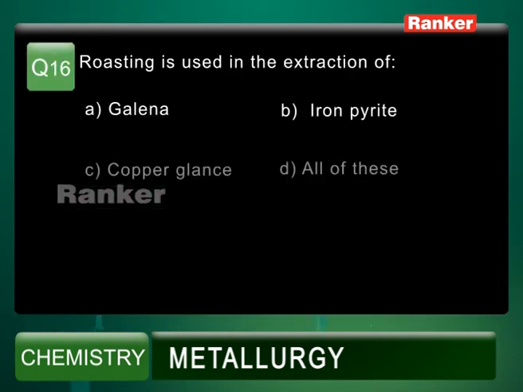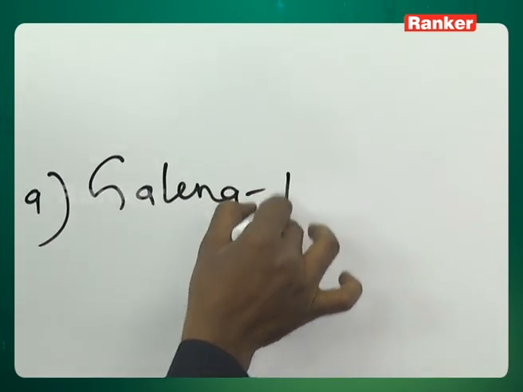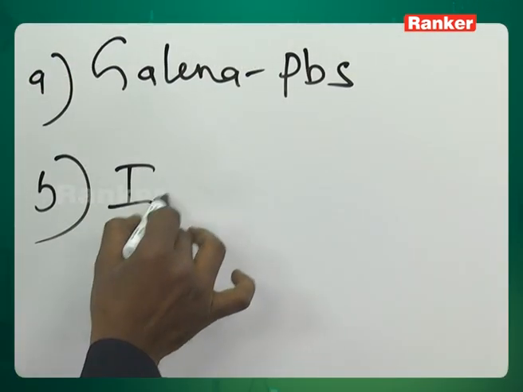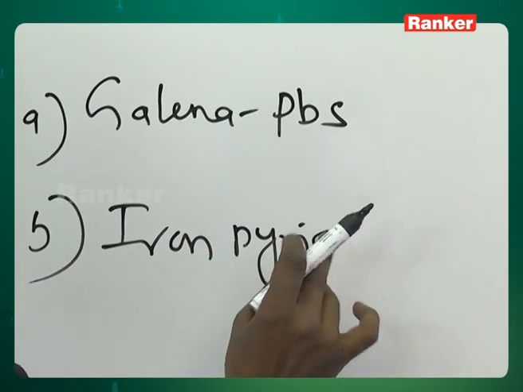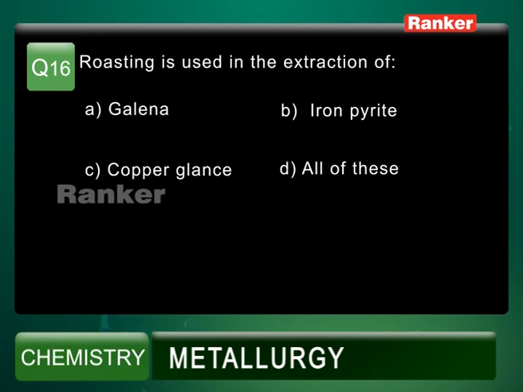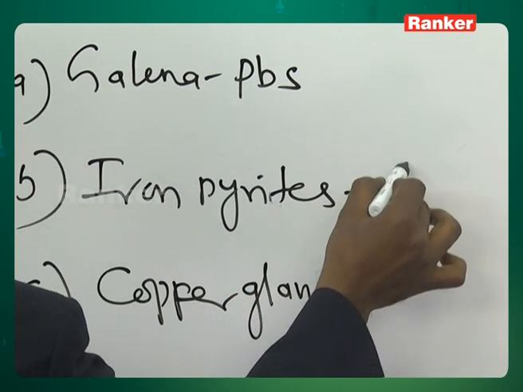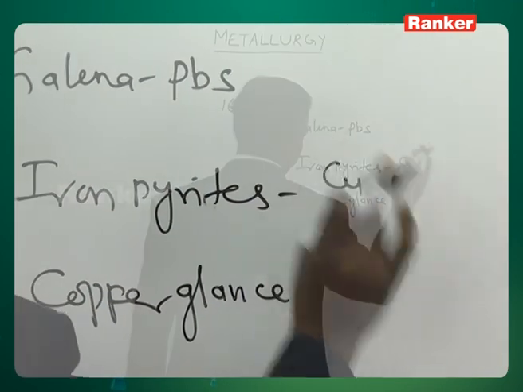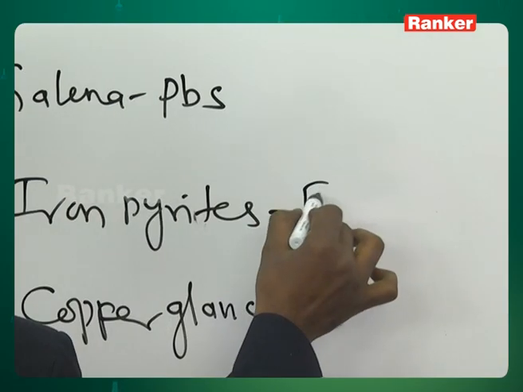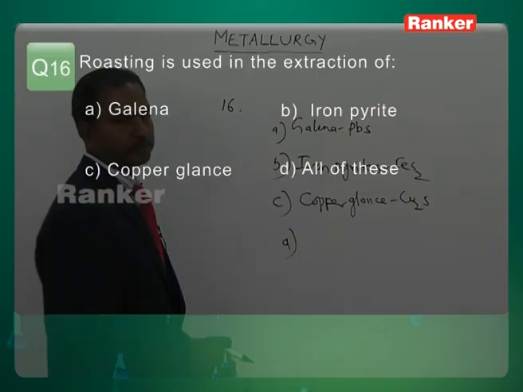Question number 16, roasting is used in the extraction of A, galena, PbS, B, iron pyrites, FeS2, C, copper glance, Cu2S, D, all.